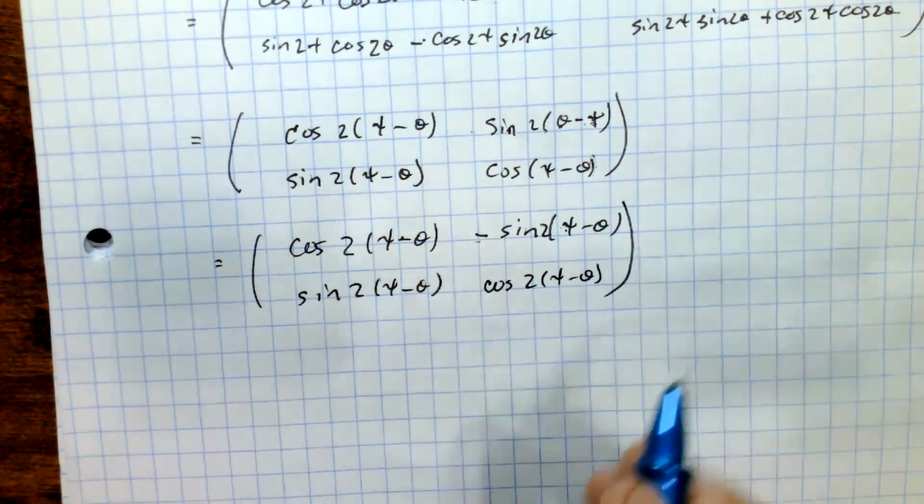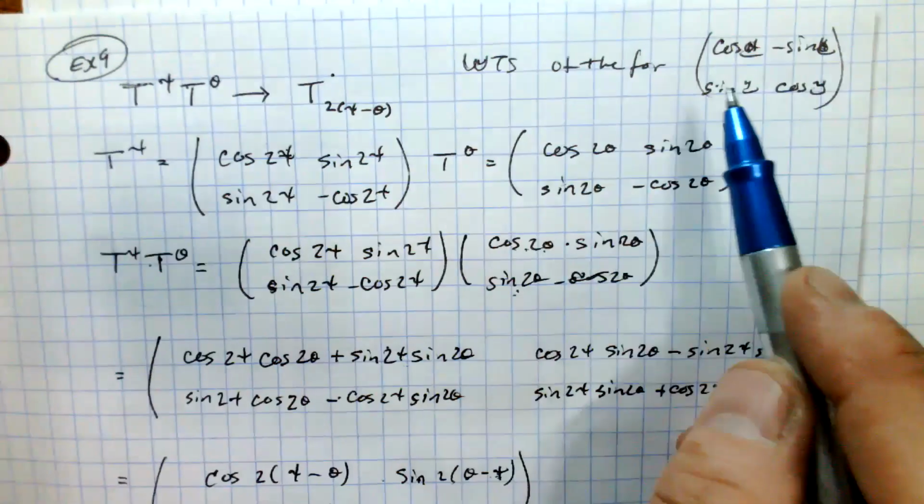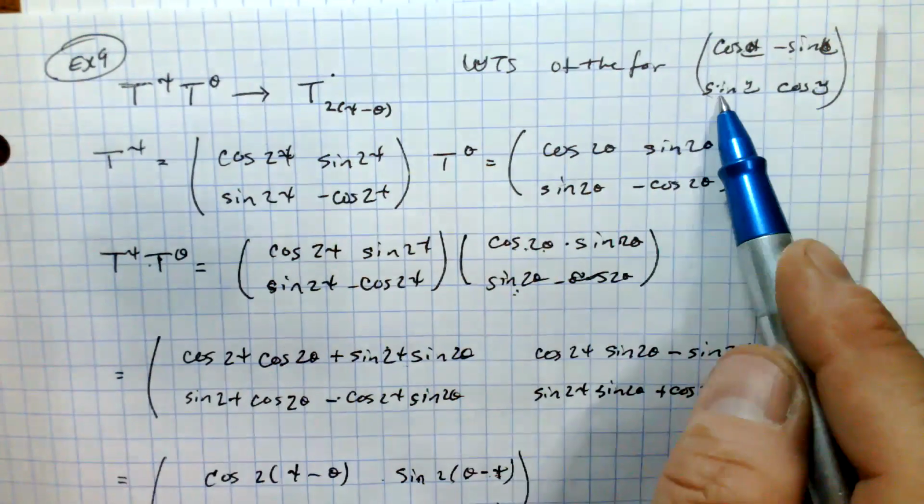Okay. And now if we look at what we have here and compare it to what we were trying to show, we have cosine, negative sine, sine, and cosine.